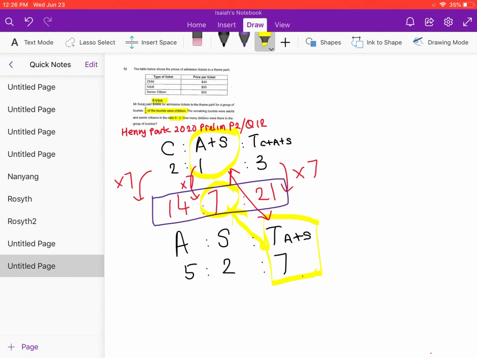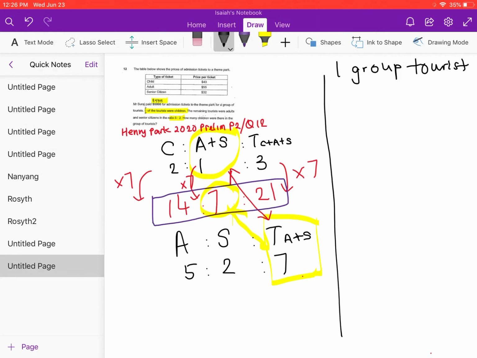Okay, so right now, for every one group of tourists, if I were to look at the ratio, I will have 14 children. Okay, 14 children. And I will have 5 adults and 2 senior citizens.